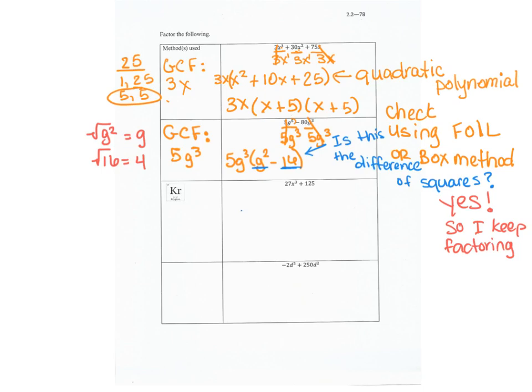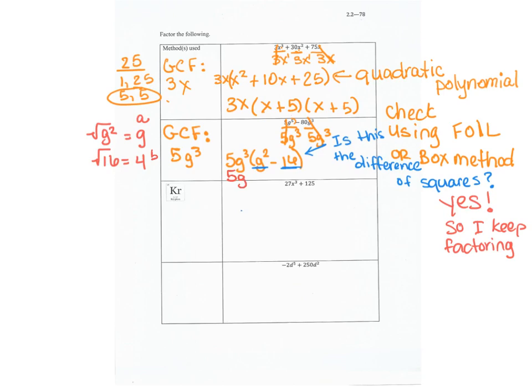So the formula for the difference of squares would be a minus b times a plus b. And so remember, the square root of my g squared gives me my a term. The square root of 16 gives me my b term. So I have an a term of g and a b term of 4.